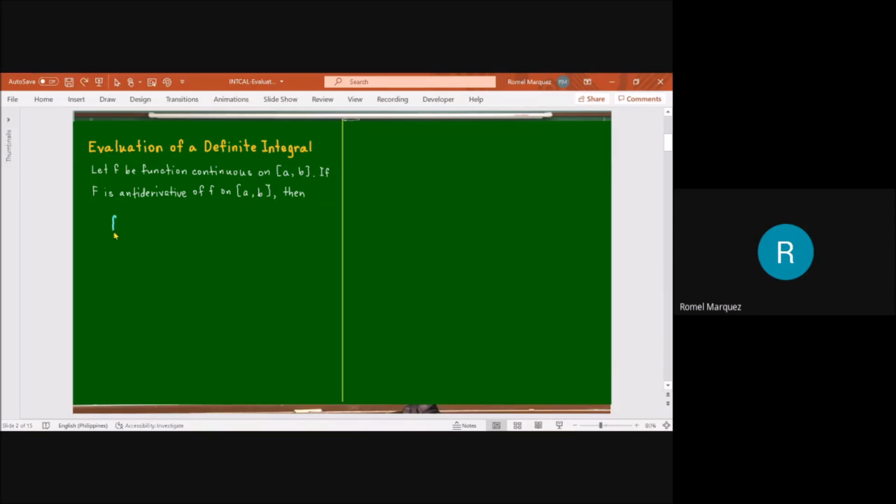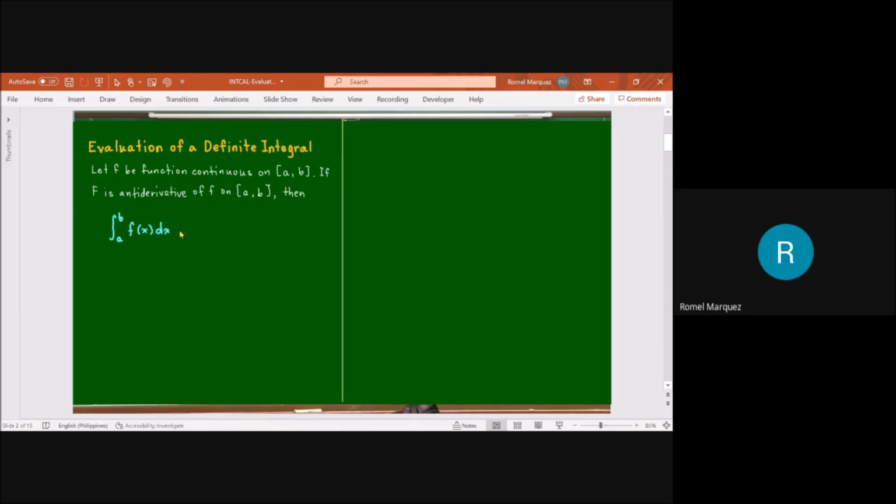With a at the lower part of the symbol and b on the upper part. And then we have f of x dx. And this is read as the definite integral of f of x dx from a to b.